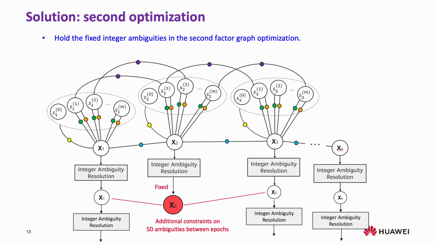In the improved framework, if the ambiguities have been reliably fixed in the first optimization, the RTK fixed result will be taken as known variables in the second optimization, and additional factors will be added to constrain the single difference ambiguities between neighbor epochs, so that in this way, the fixed integer ambiguity can be held in the optimization and a higher fixed rate of RTK could be achieved.